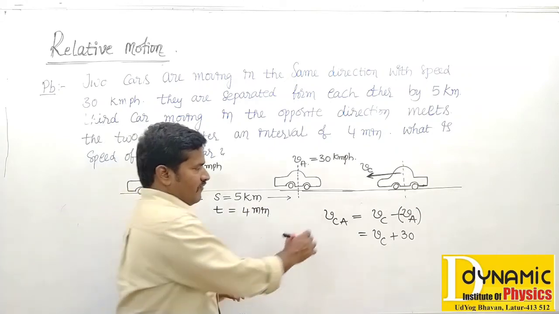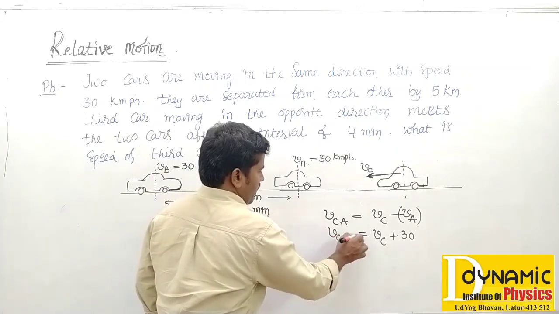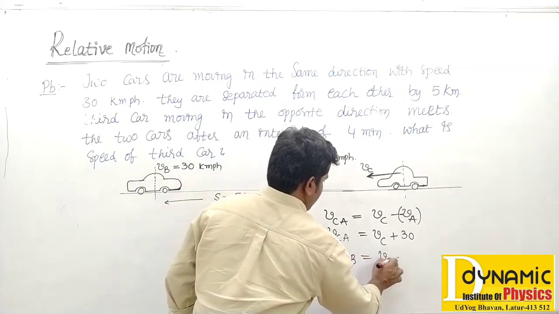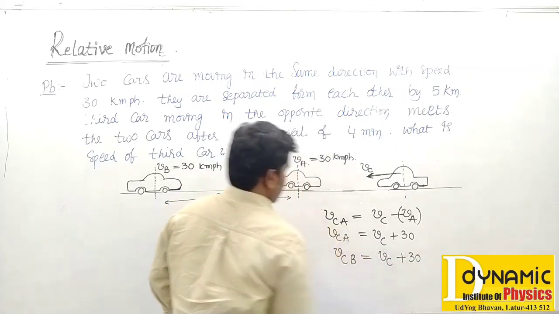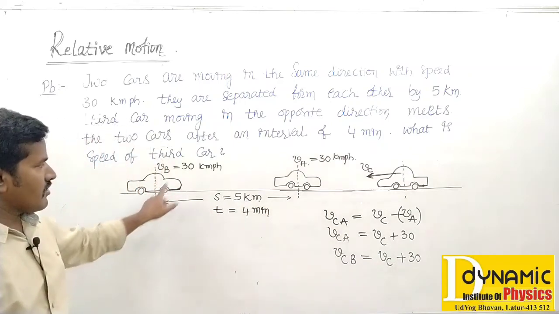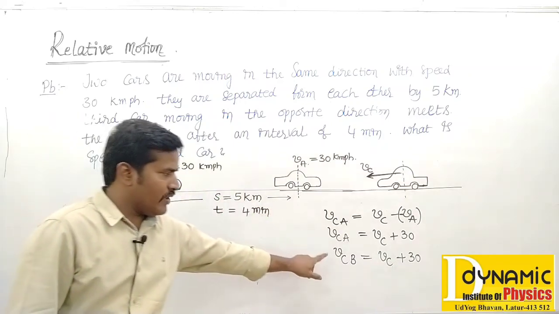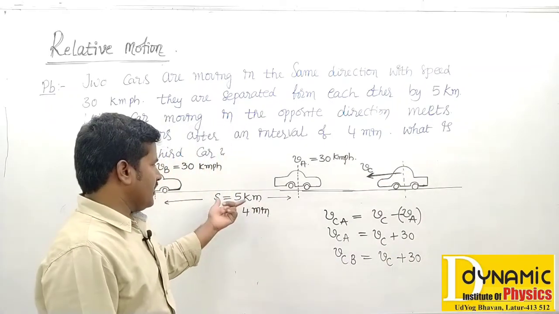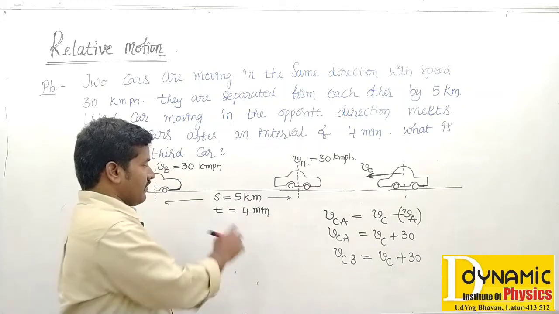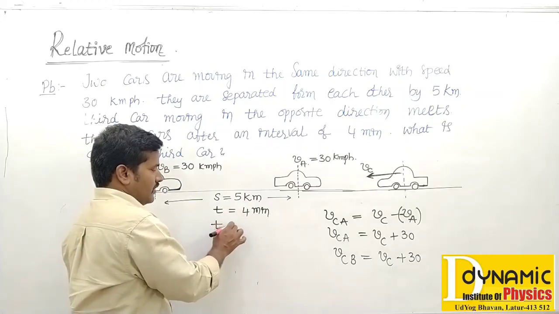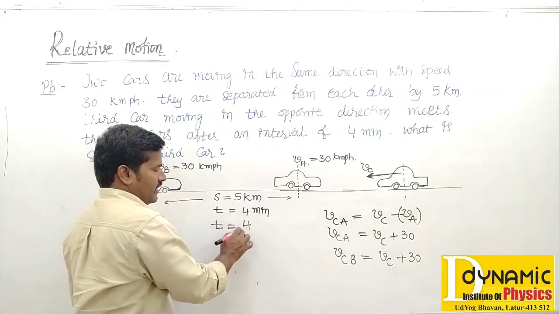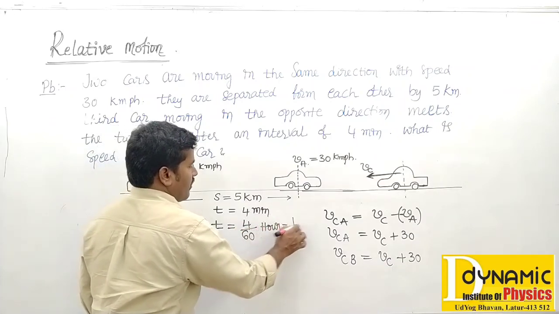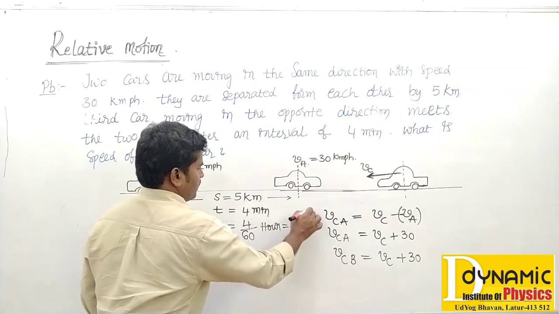Vca is the same as Vcb, since the second car also has the same speed. So Vcb equals Vc plus 30. The separation distance is given. The time interval, the crossing time, equals 4 minutes. In hours it is 4/60 hour, that is 1/15 hour.